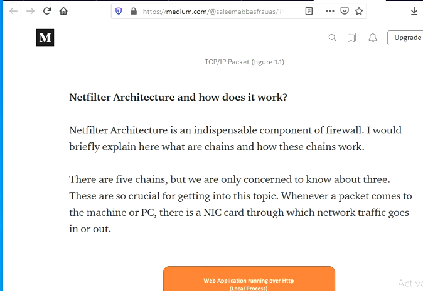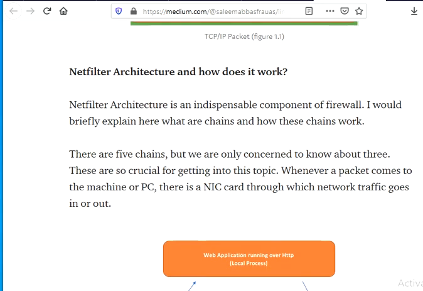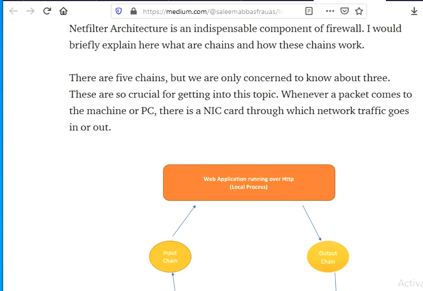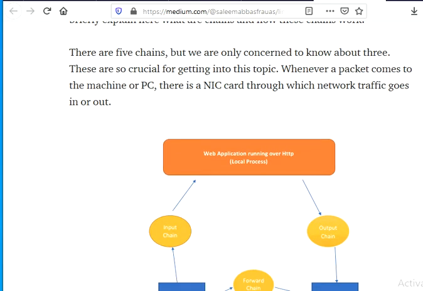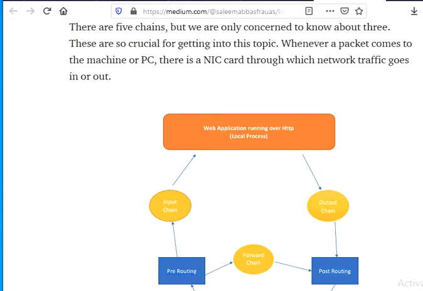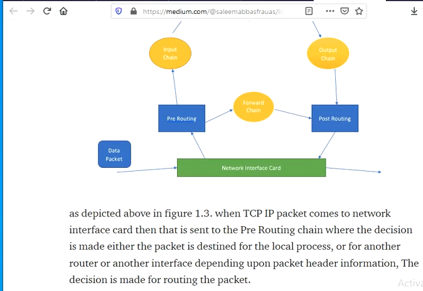He said there are five chains, but we are only concerned with these. They are crucial for getting into these topics. When a packet comes to the machine or PC, there is a network interface card through which network traffic goes in or out, as I already told you.